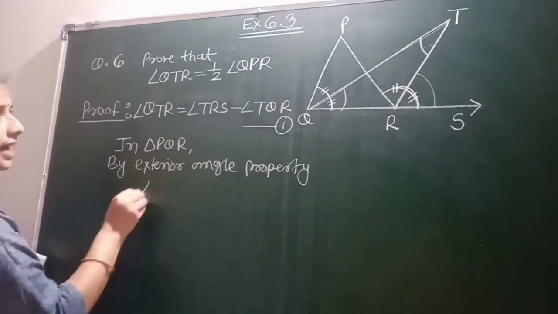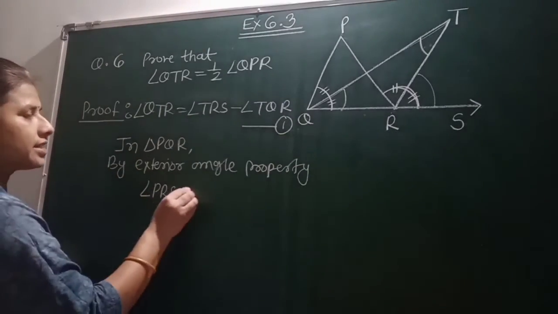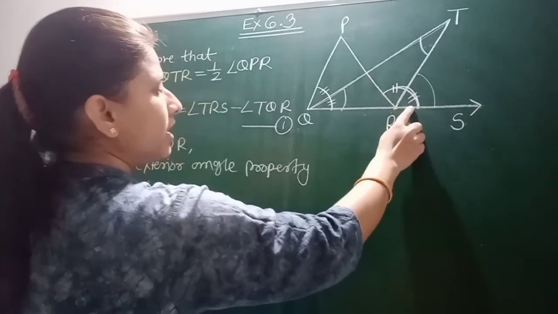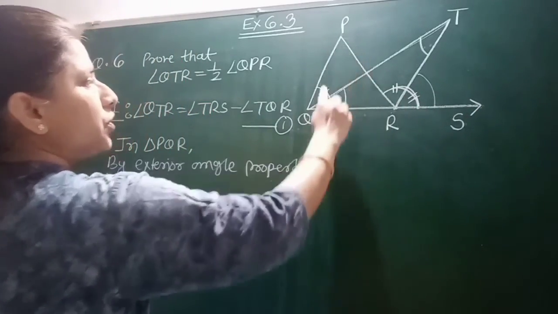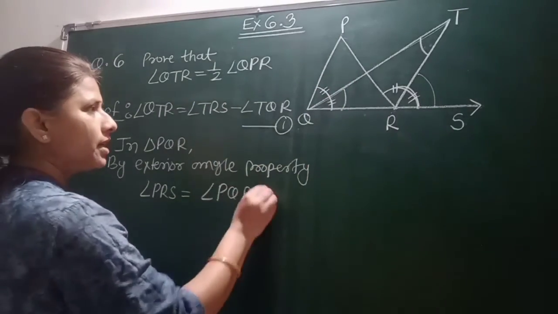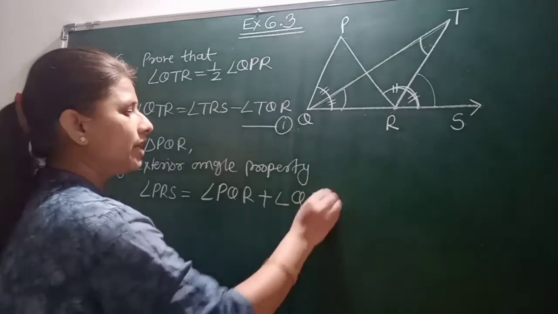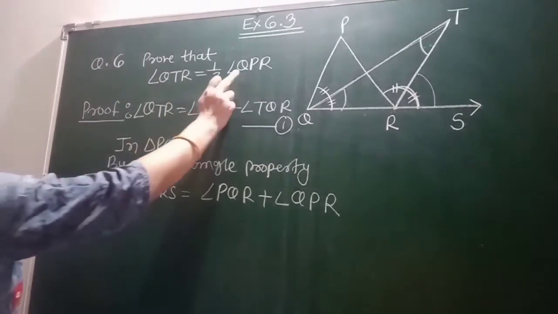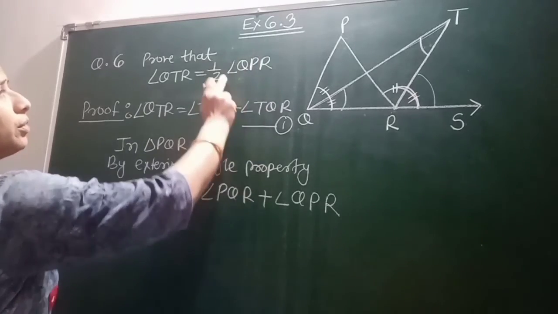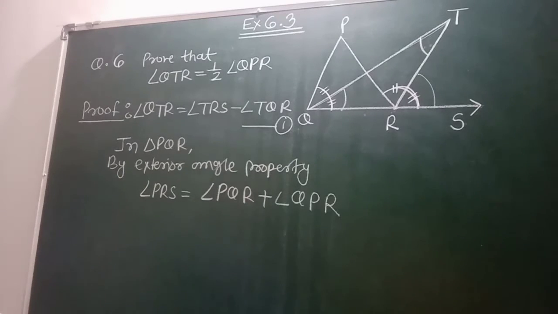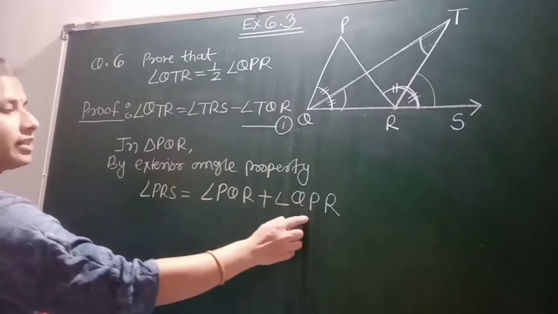We will get angle PRS, the exterior angle, equals the sum of opposite two interior angles: angle PQR plus angle QPR. Okay student? And in this proof, what will we find? We will find angle QPR. So we want this angle.